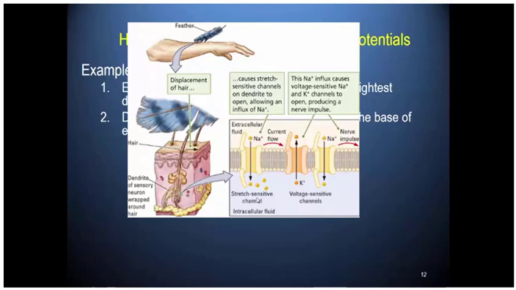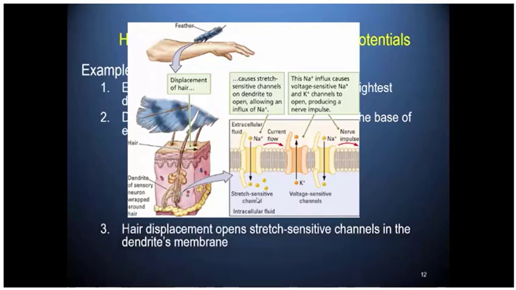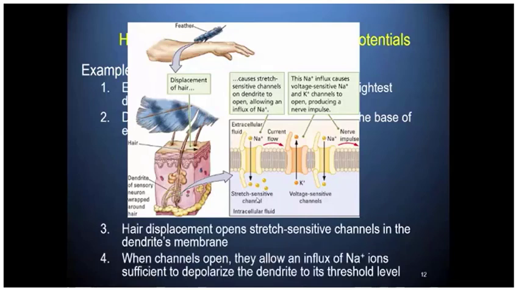It sends that information to the cell body, which then creates an action potential up to the brain to interpret that you have something touching you on your hand or your neck, and that might make sense, and then there's no anxiety. But it also may not make sense because you might be sitting at your desk or watching a movie, right? So this is the body working, and this is why we have to understand the action potential piece. Again, the hair displacement causes the stretch sensitive channels to open, and then allows the sodium to flow in.